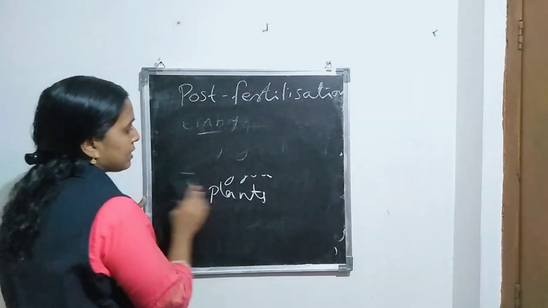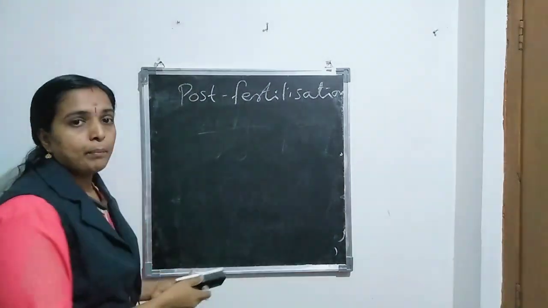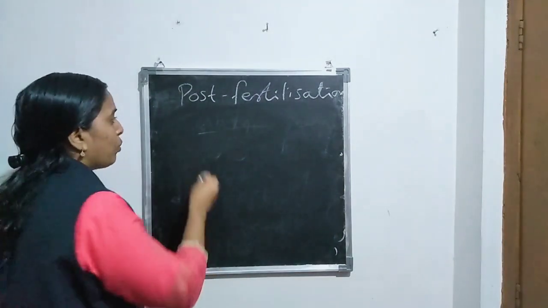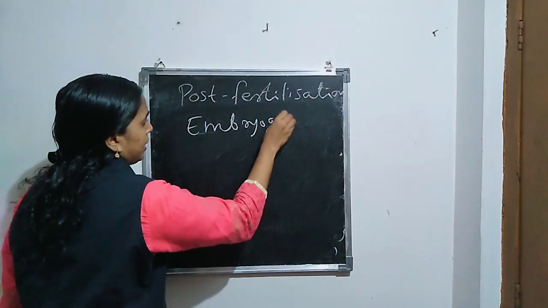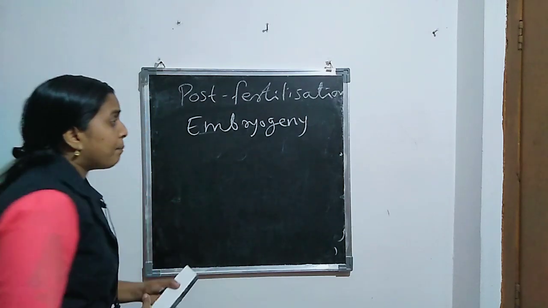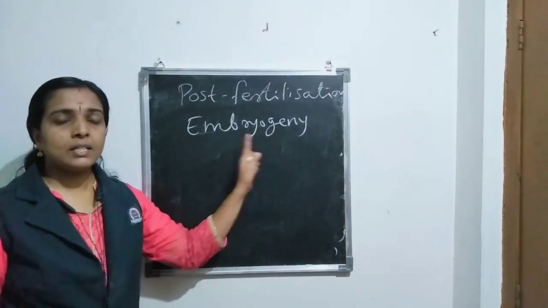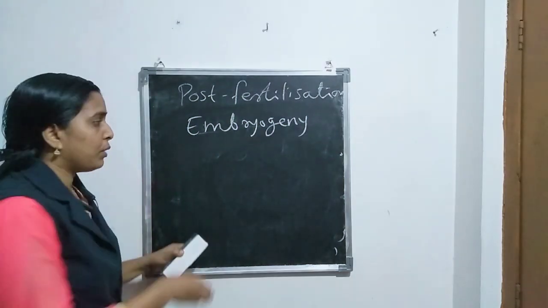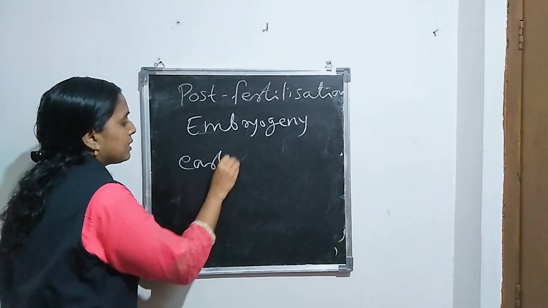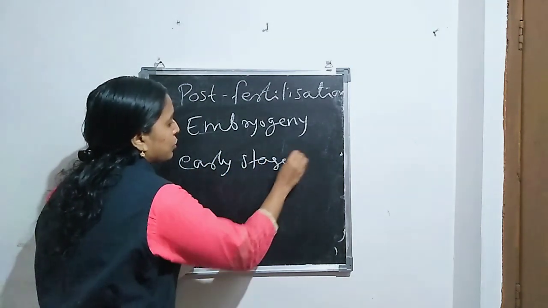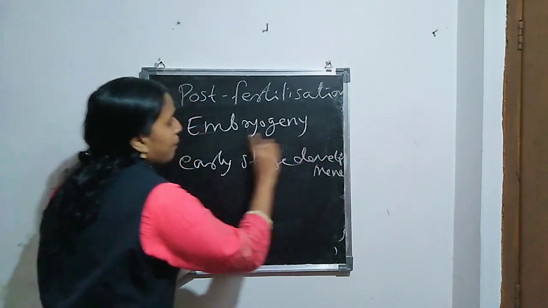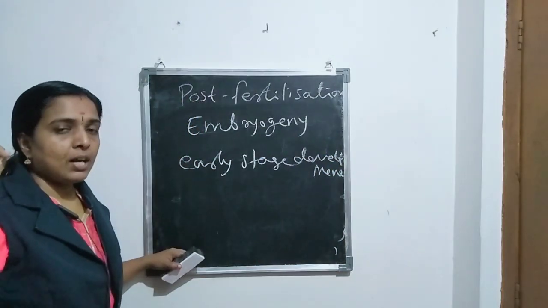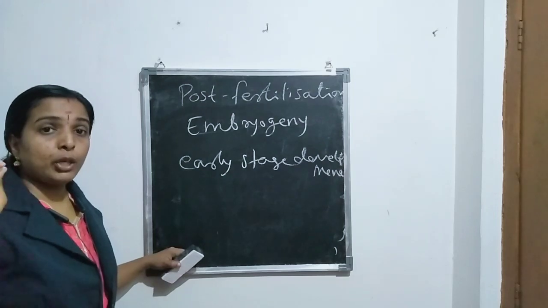Then we can discuss early stage development of the embryo. That is called embryogeny. What is embryogenesis? Embryogeny means early stage development of the embryo. In the first chapter you have learned embryogenesis.